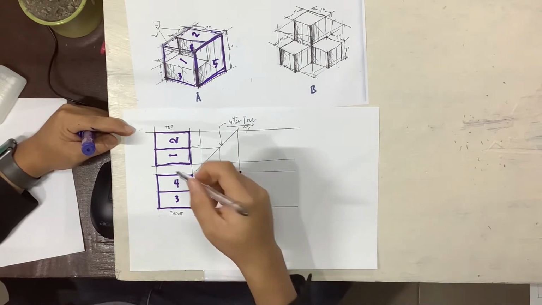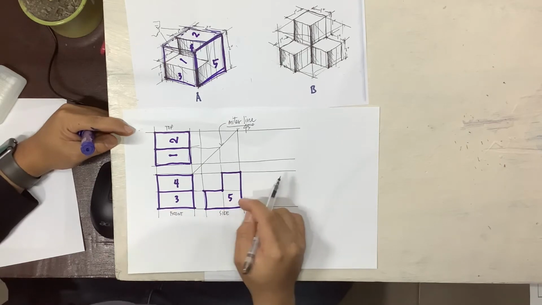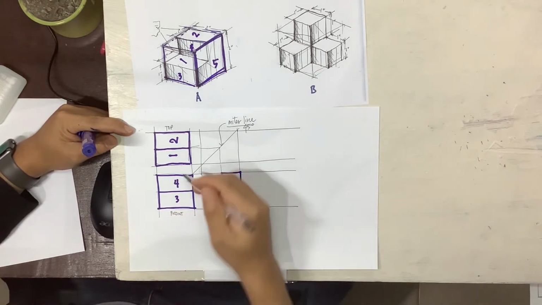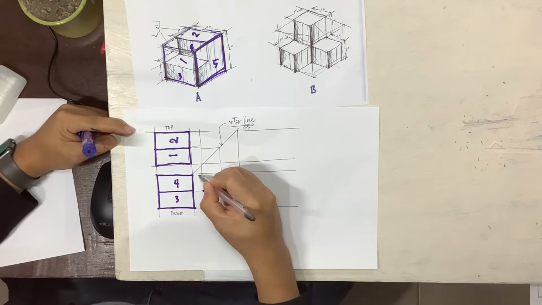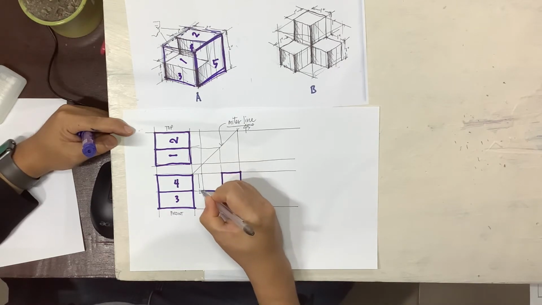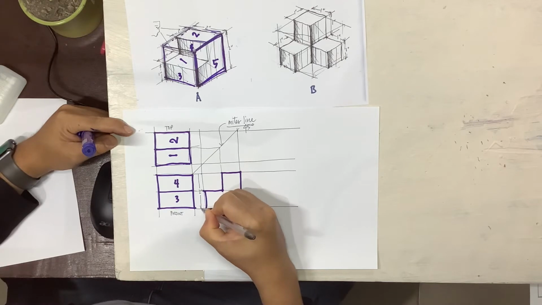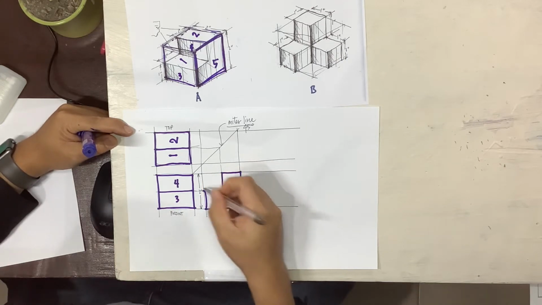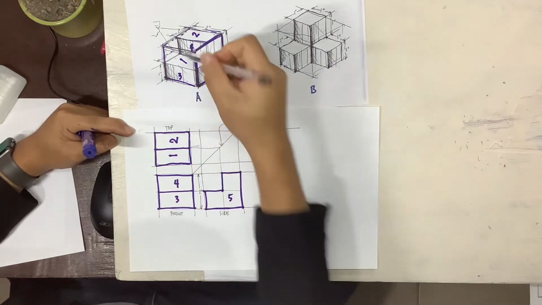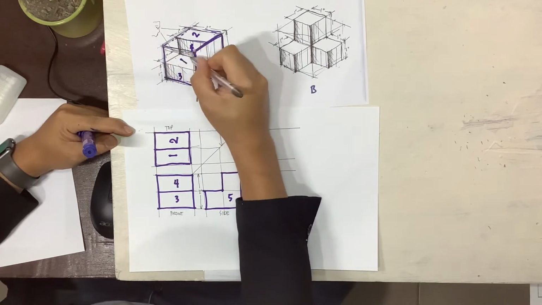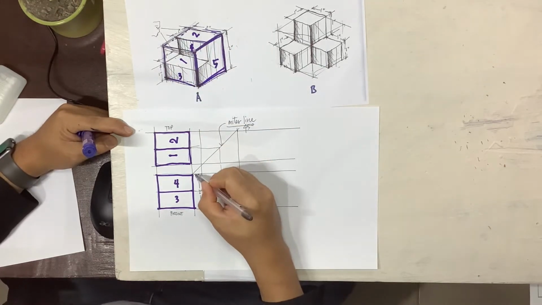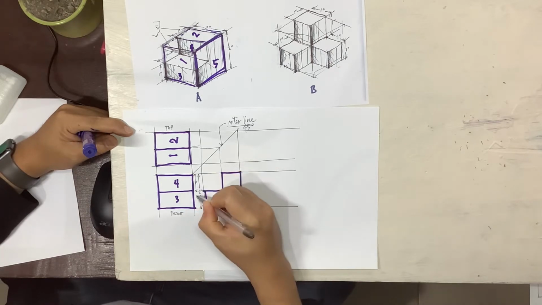So the part that will show the height would be the front view. Obviously it will measure 2 inches. Okay, so this part here is actually this part, right, for the front view, that measures 1 inch.